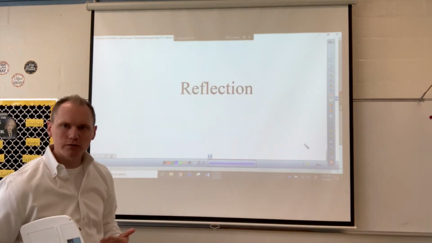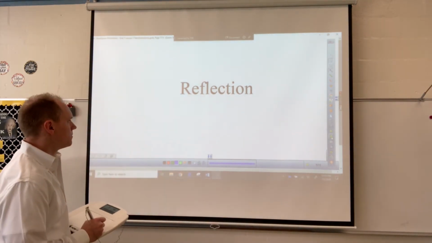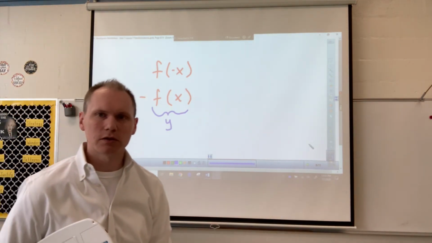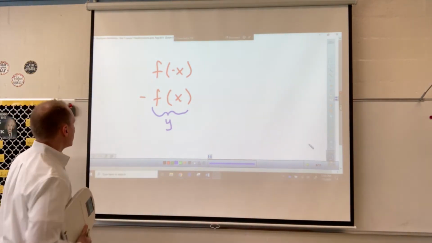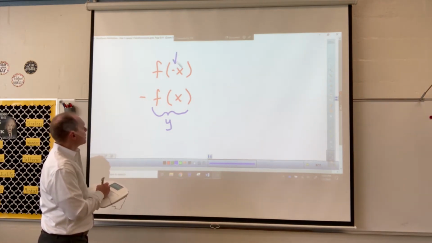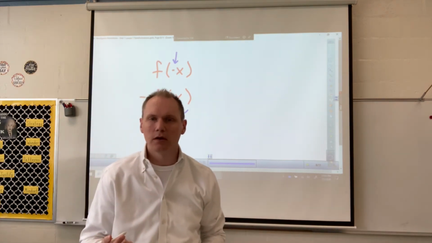So let's switch gears there for a second. Let's look at reflections. Okay, so with reflections, there are two types of reflections. Let's look at the first one, f of negative x. If we think about what's happening here, we're negating every x value. Okay?